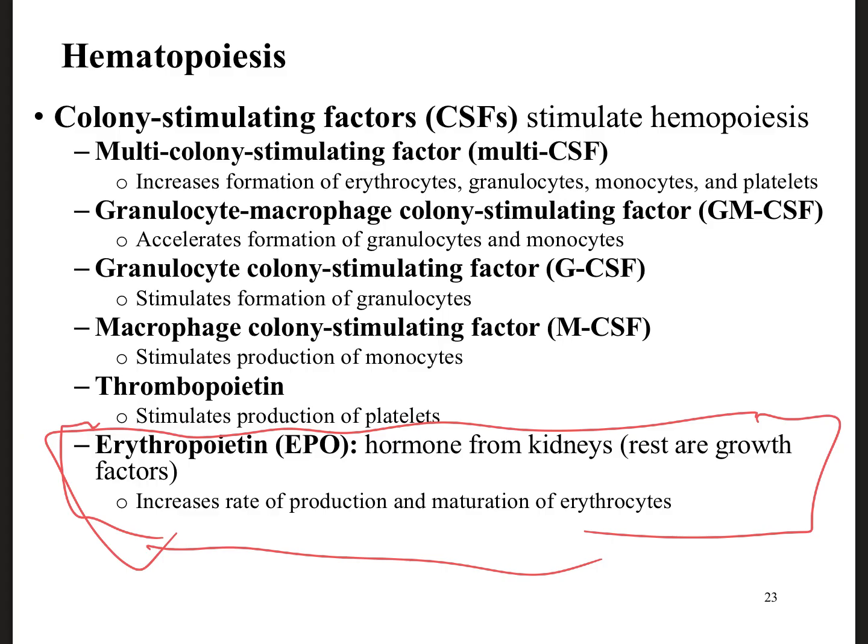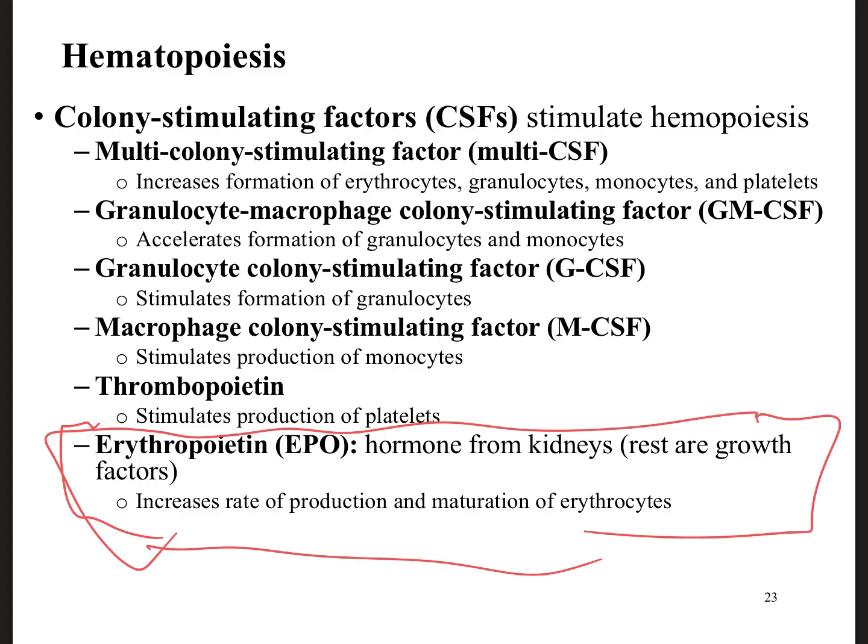If there's enough, they don't release any more erythropoietin. But if the amount of oxygen present, or hemoglobin that's bound to oxygen, starts to go lower than normal, the kidneys will, in response, release erythropoietin. That stimulates the bone marrow to produce more red blood cells.